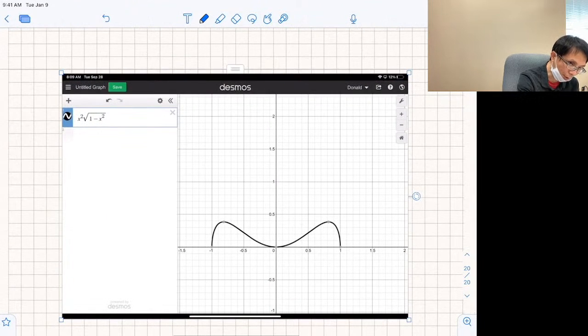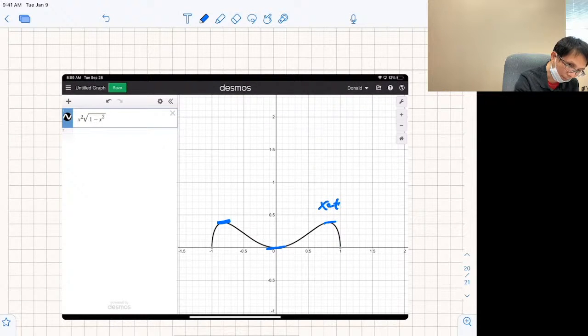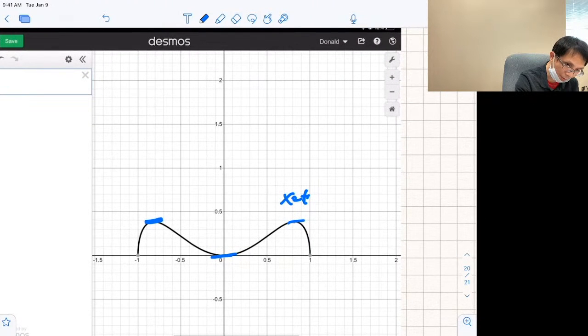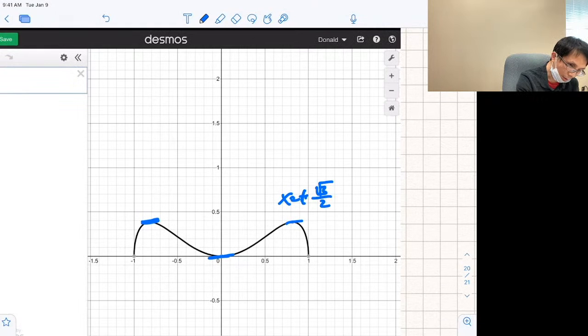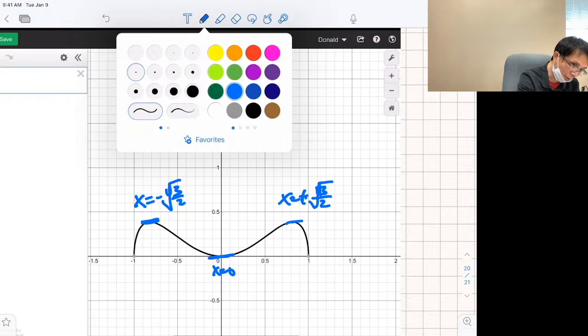So I'm going to show you on a graph. There was a horizontal tangent right here, which is positive. This part is x equal to positive square root 2 over 3. And this is x equal to negative square root 2 over 3. And this one's x equal to 0. But there were another 2, the vertical tangents.